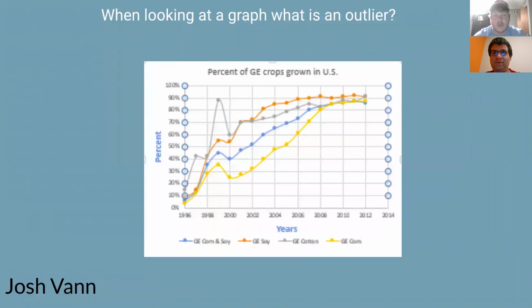Hey, Josh, when looking at a graph, what is an outlier? An outlier is, if you look at the chart, usually something that isn't the same as the others. So it may all of a sudden just jump out of sequence.